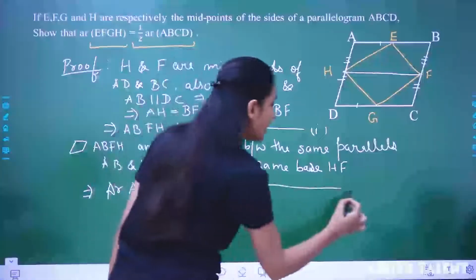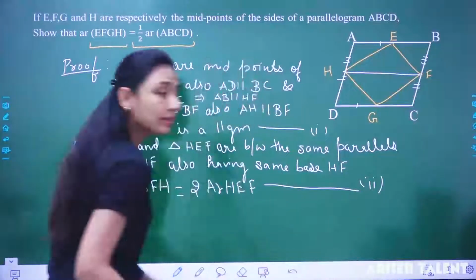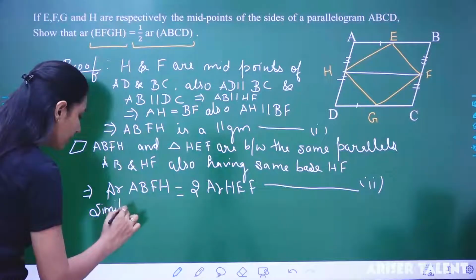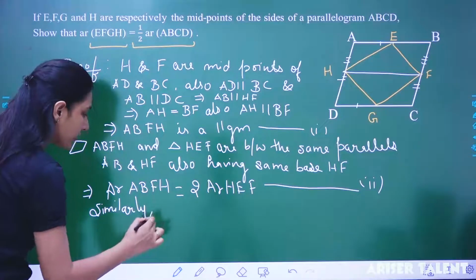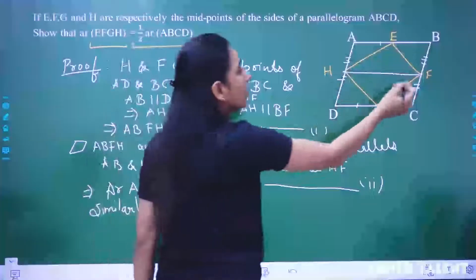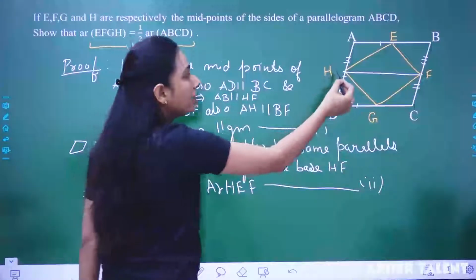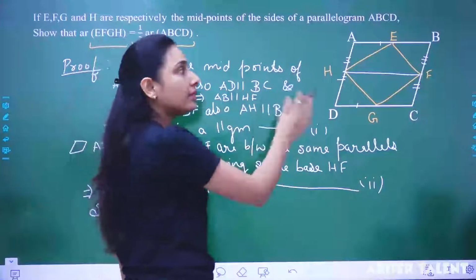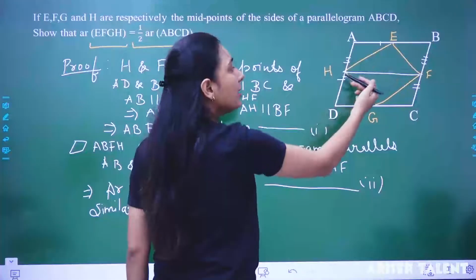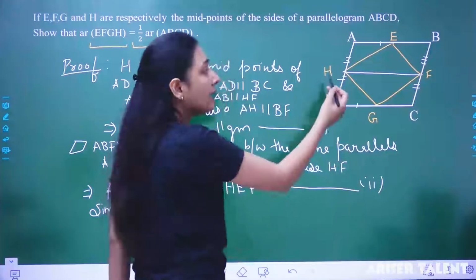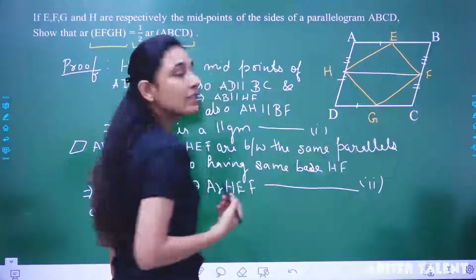This is the second thing we have. Similarly, we can see in the parallelogram HFCD and the triangle HFG, we can apply the same thing, because HF is parallel to DC and HFCD is a parallelogram.